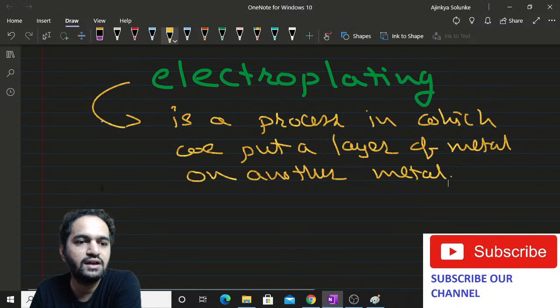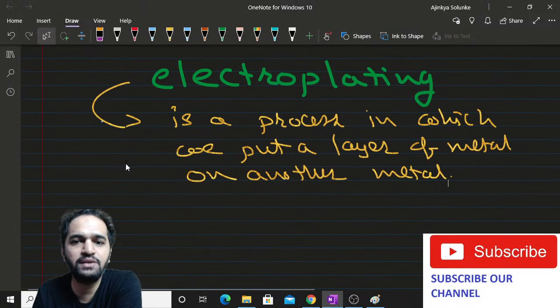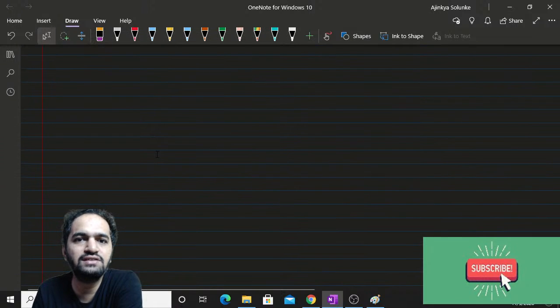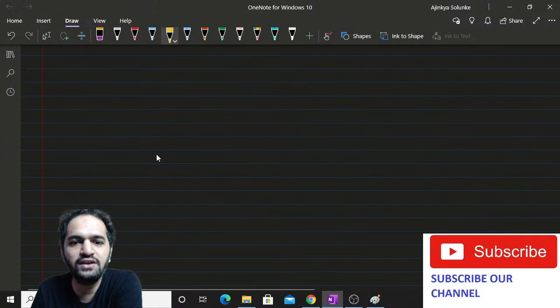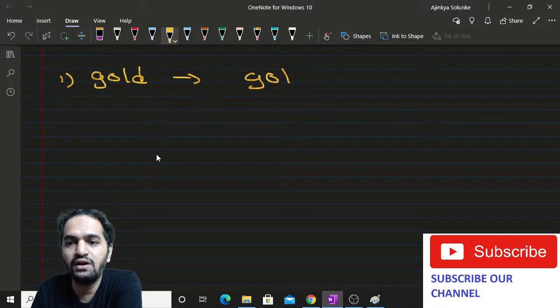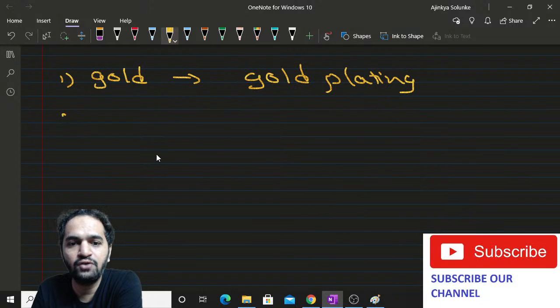Now we have different words for it. This is electroplating, but there are different metals which are used for plating. If I use gold for plating, then it is called gold plating. What do you think the name will be if I use platinum?